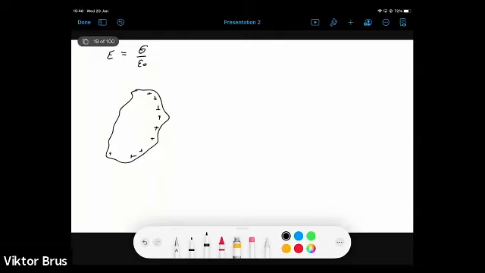And now we can select some Gaussian surface, a cylinder, half of which goes inside the conductor and half of which is outside. We have some area of the edge surface of the cylinder.